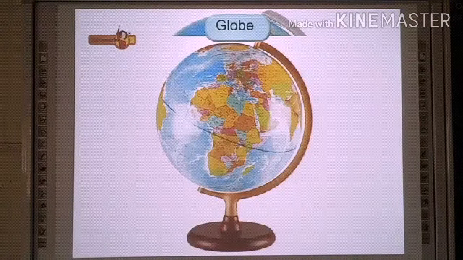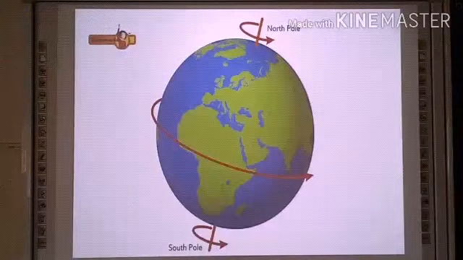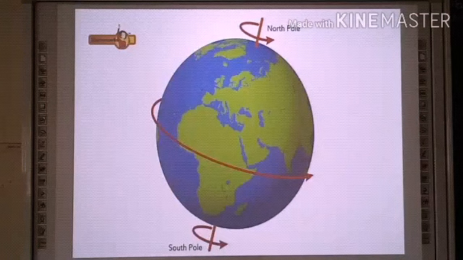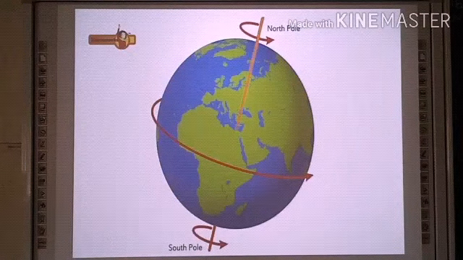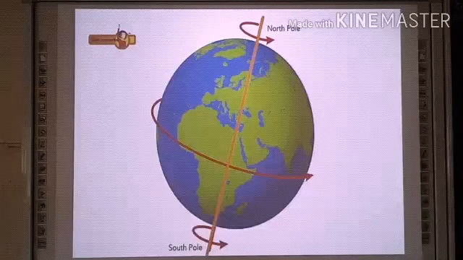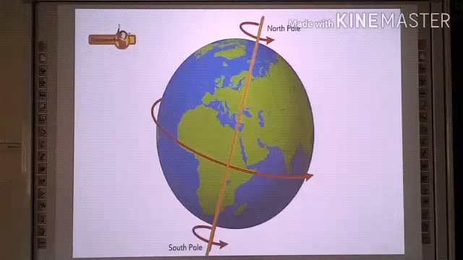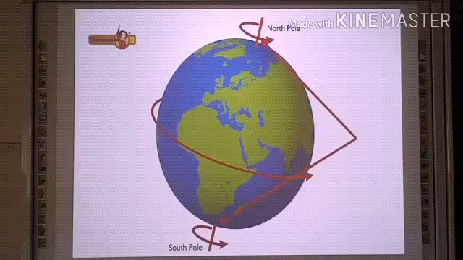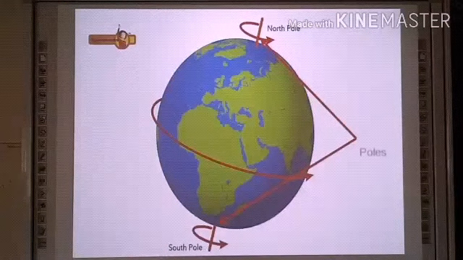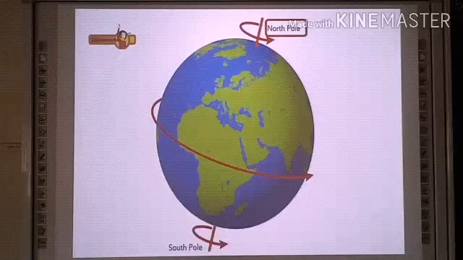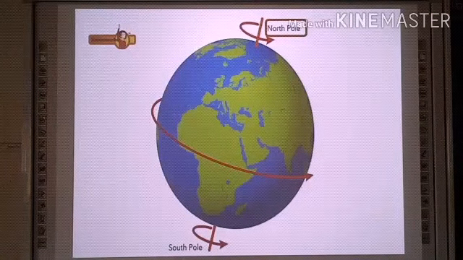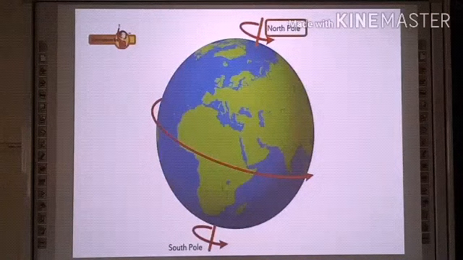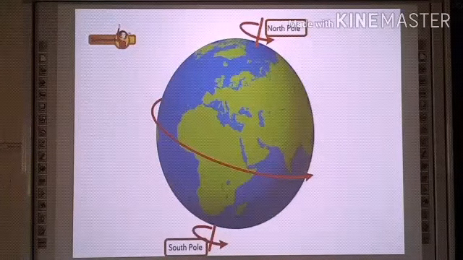A globe can be rotated on its axis, which is nothing but just an imaginary line which passes through it vertically. The two end points of this imaginary axis are called poles. The point at the top towards the north is called North Pole, and the point at the bottom towards the south is called South Pole.